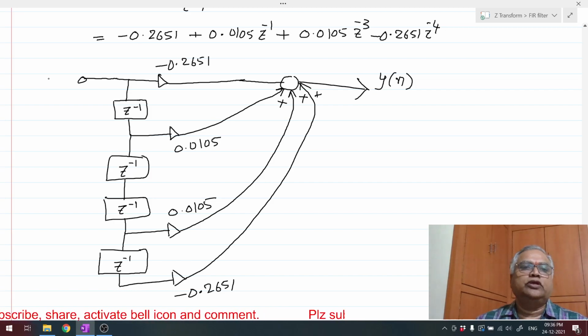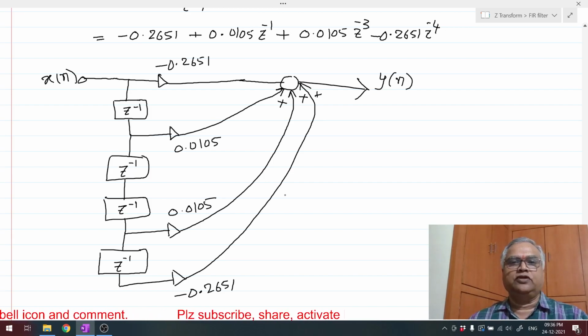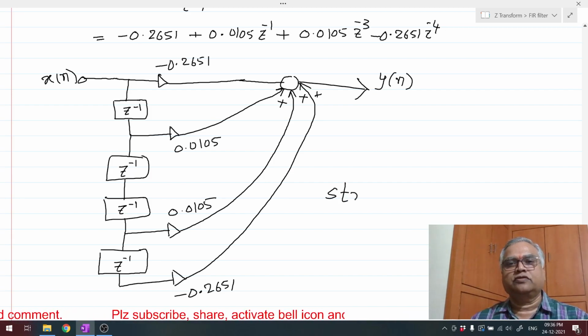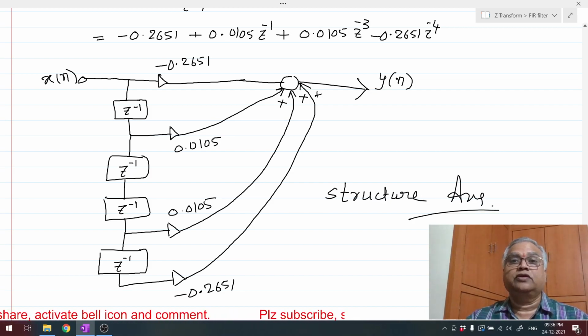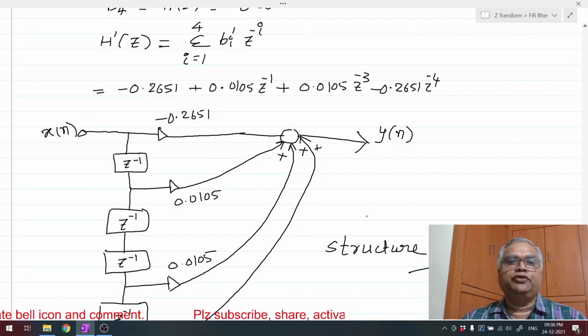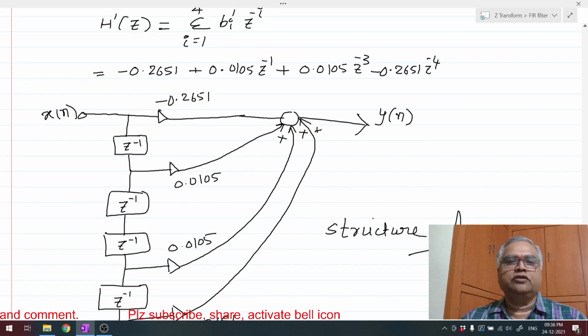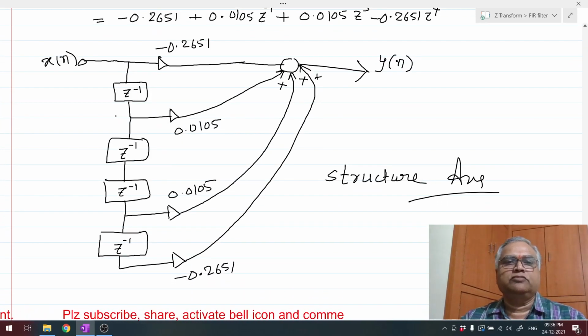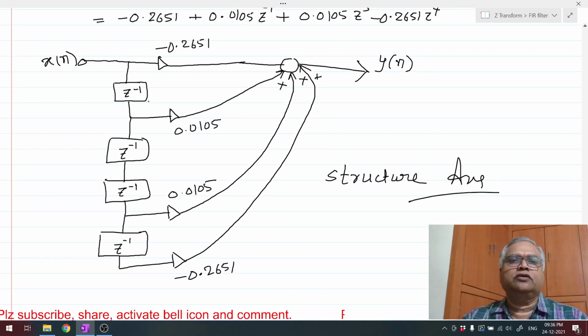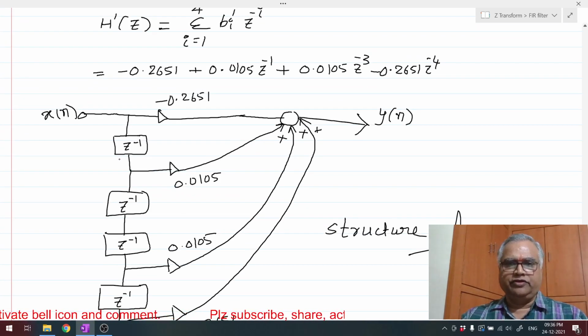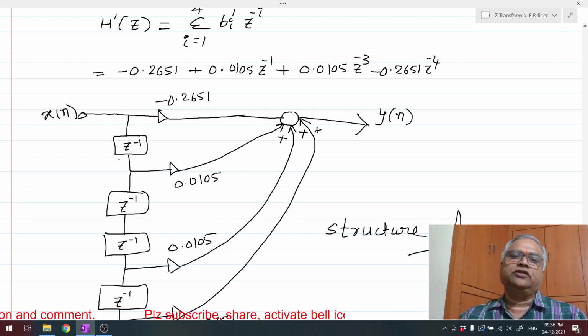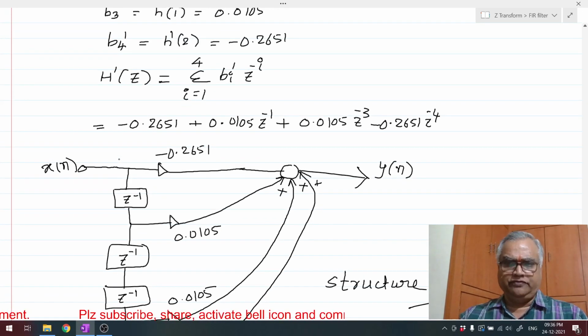This is the input x. So this is the answer. And we don't have any denominator, so feedback will not come. Denominator is implemented using feedback. Numerator is implemented using only the forward direction. So refer to digital filter structure implementation in the previous videos if it is not clear.